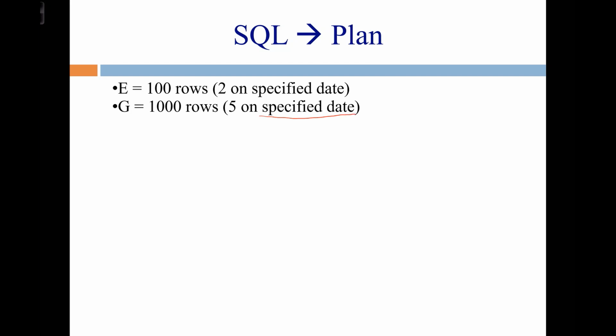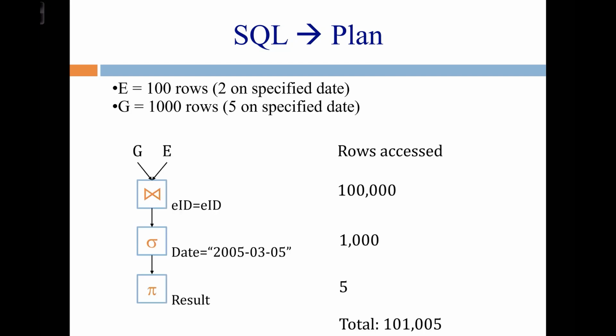But the games table doesn't have date information, so we need to do a join to figure out which those 5 games are. So in the first plan, where we do the join first, we're trying to find all combinations where the EIDs match.